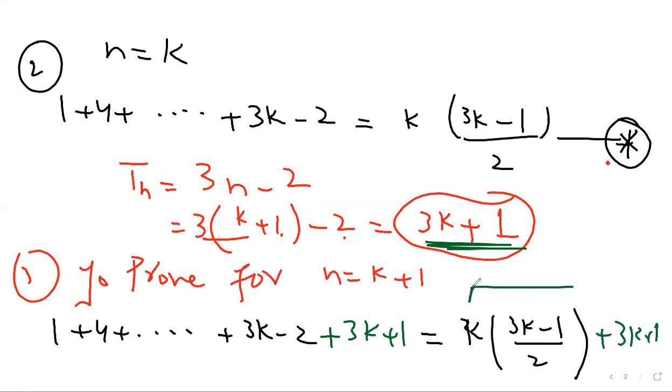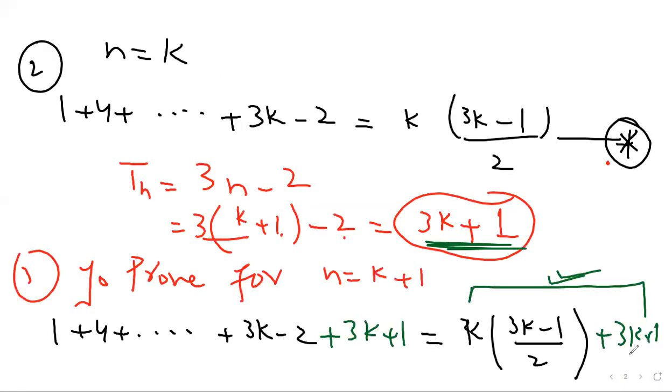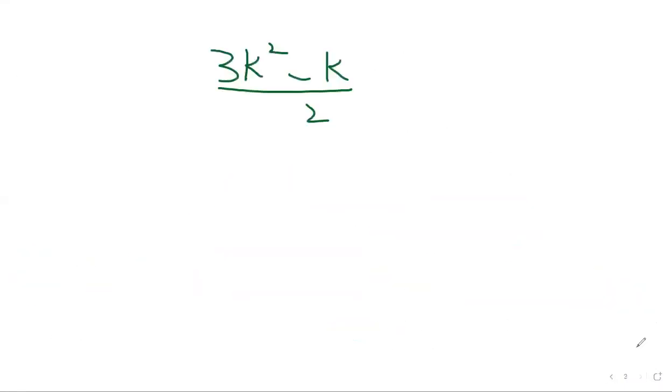Now we need to work on this statement. It is understood that the last term will be equal to this sum. Then how will we prove it? We will just write it down. 3k square minus k upon 2, plus 3k plus 1.